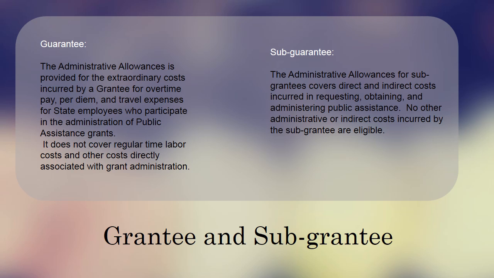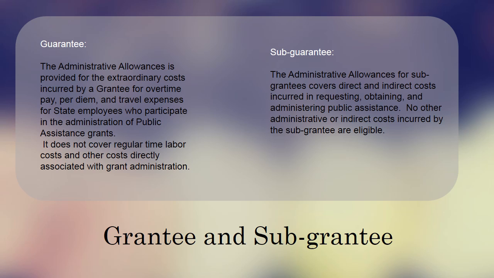The administrative allowance is provided for the extraordinary cost incurred by the grantee for overtime pay and travel expenses for state employees who participate in the administration of public assistance grants. It does not cover regular time labor costs and other costs directly associated with grant administration.